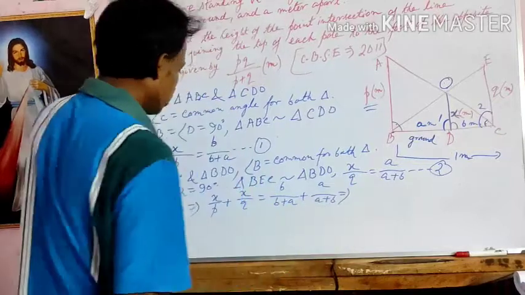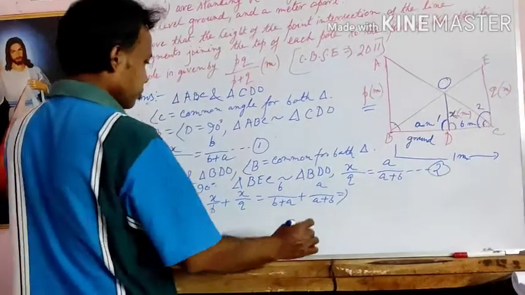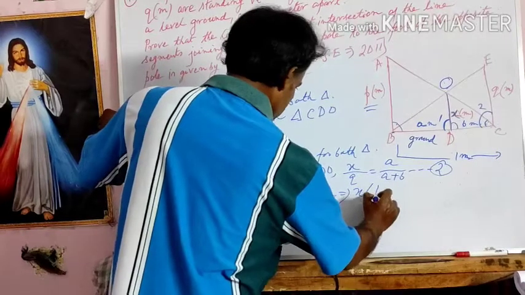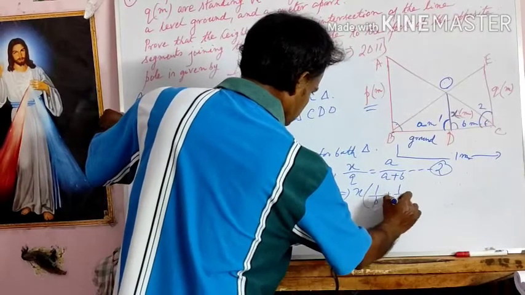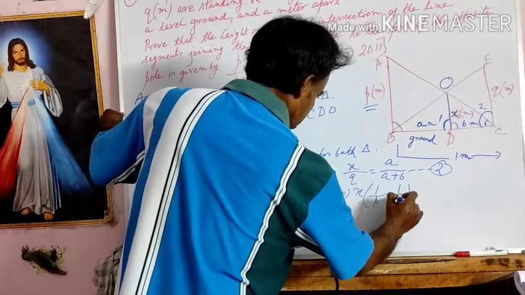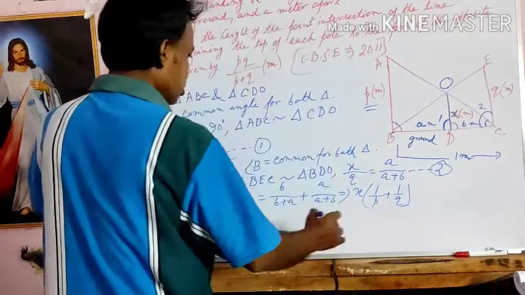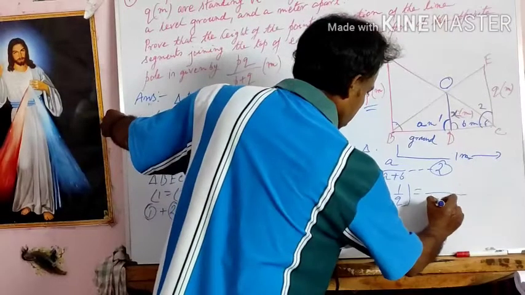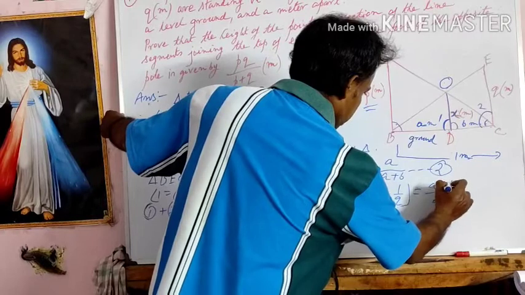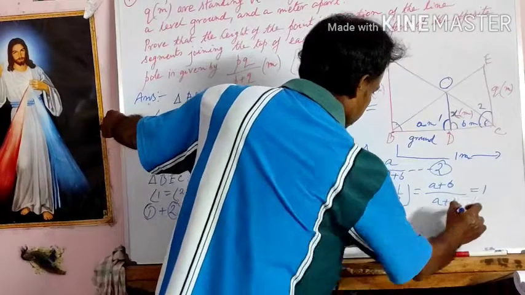Here x is common, so x into 1 by P plus 1 by Q is equal to a plus b by a plus b, which is equal to 1.